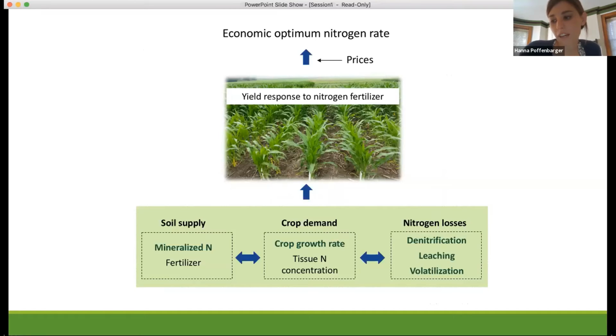For example, if the cover crop impacts soil moisture in a positive way, that could increase the crop demand for nitrogen. And then the cover crops also impact things like nitrate leaching and other nitrogen loss pathways. Next slide, please.